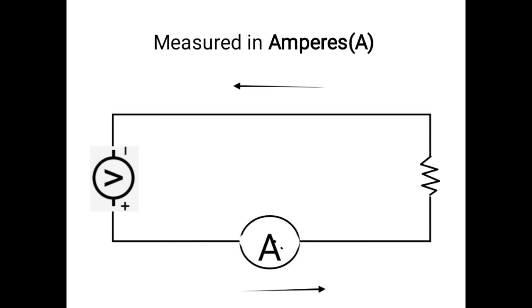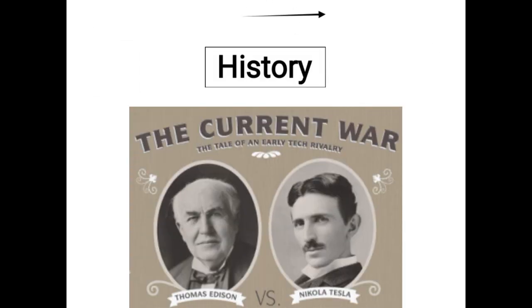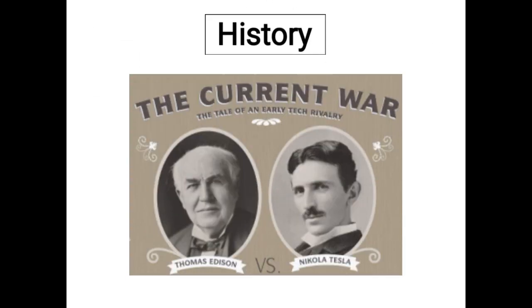And now let's talk a little about the history so we can understand how the name amperes came about. Now, the concept of electric current began in the early 1800s. Electrical current was discovered by André Marie Ampère.